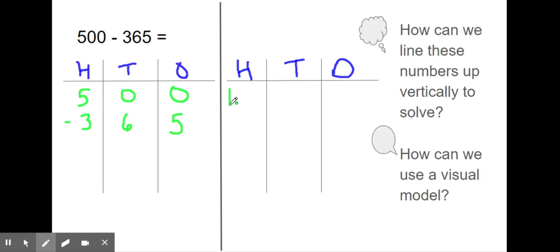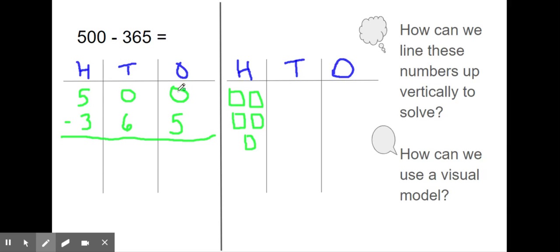So I'm going to do 500 or 5 hundreds. So 500 doesn't have any tens and it doesn't have any ones. And I don't want to model 365, right? Because I'm taking away 365. So I'm going to go ahead and solve it vertically first.